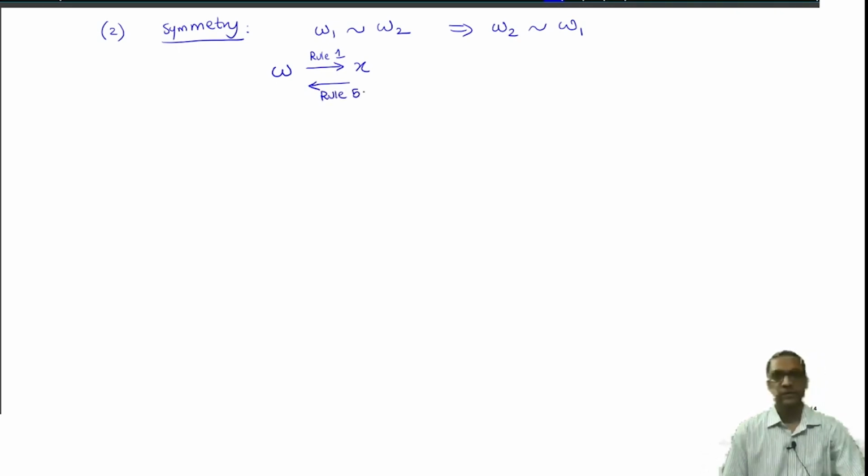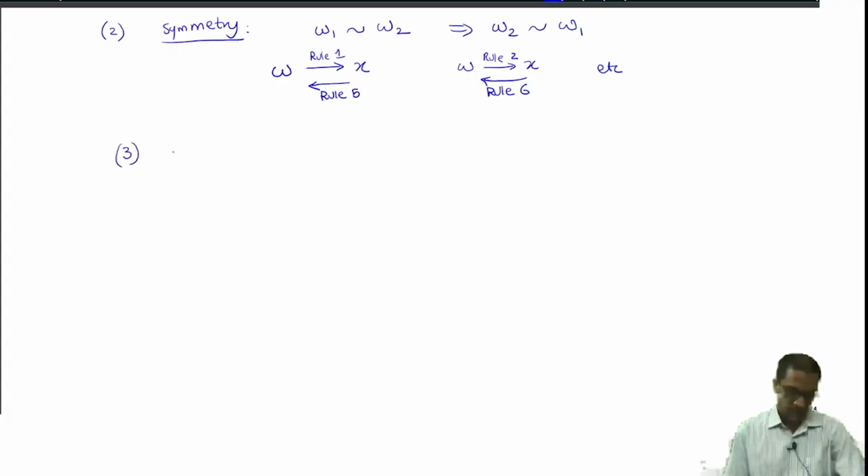If I got this by deleting a pair AA prime, then I can get the other one by just putting that pair back. Similarly, if I get a word X from W by applying, say, rule 2, then I can undo it by using rule 6, etc. So it's clear that if I construct a chain going from W1 to W2, then by applying the rules in reverse, I can get a chain going from W2 back to W1.